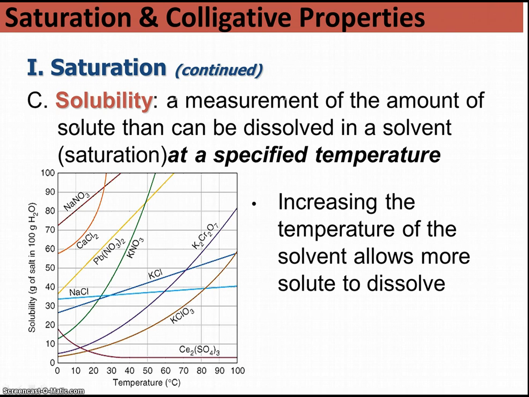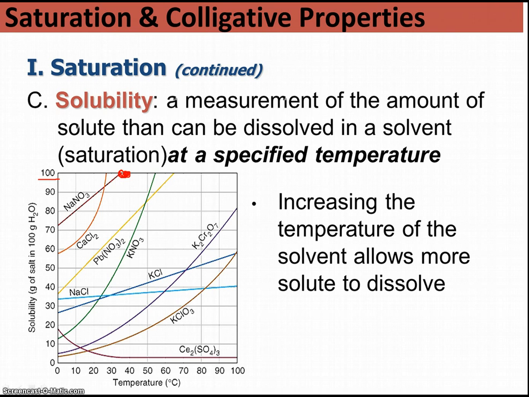If we know the solubility of a substance, then we can actually predict how much solid will precipitate out. So for example, this is sodium nitrate, and say we warm up our sodium nitrate to, let's say right here, about 40 degrees, and that will allow us to put 100 grams of sodium nitrate into our solution.